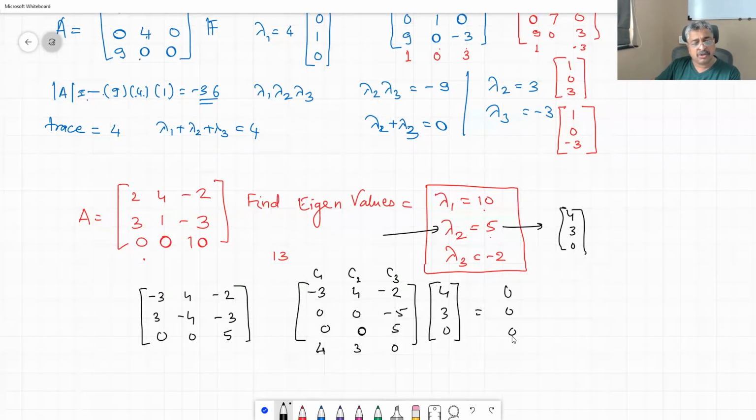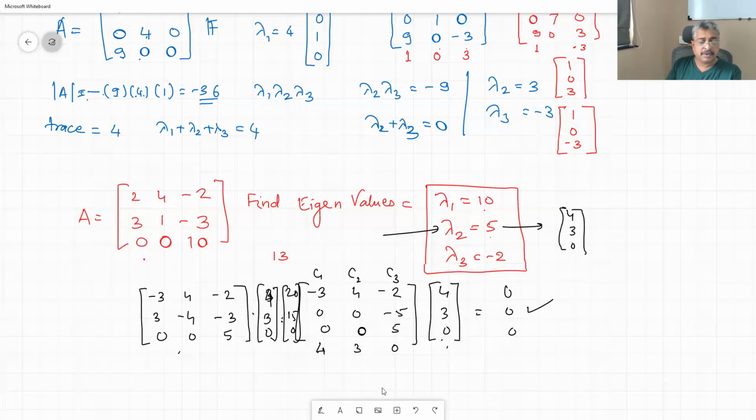We should end up getting 0, 0, 0, and therefore this matrix multiplied by 4, 3, 0 will produce 5 times 4, 3, 0, that is 20, 15, 0. Okay, so everything is working fine.